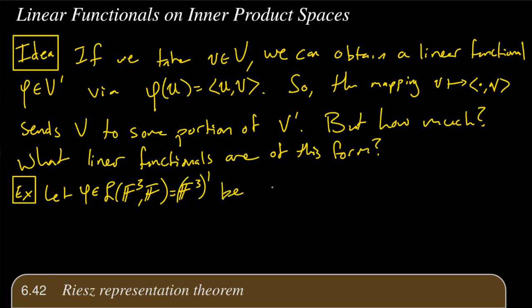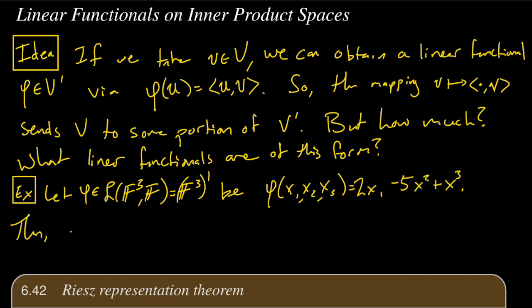Let it be defined by phi of x1, x2, x3 equals 2x1 minus 5x2 plus x3. Then, here's the claim. Phi of x, where x is x1, x2, x3, is equal to x inner product with v for v equal to what?